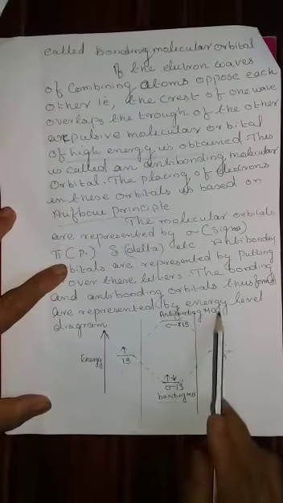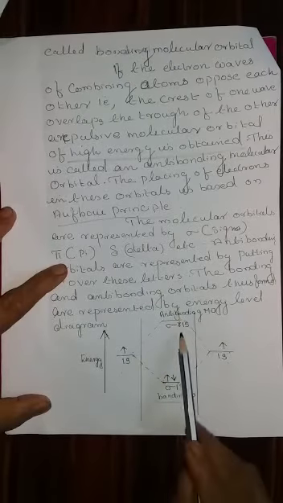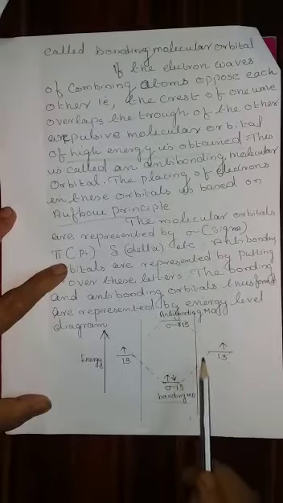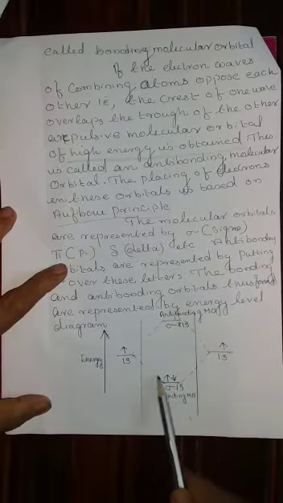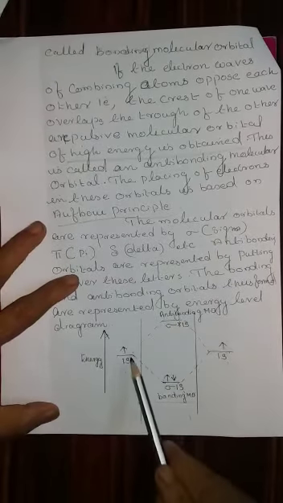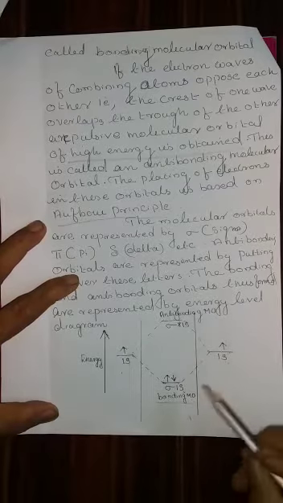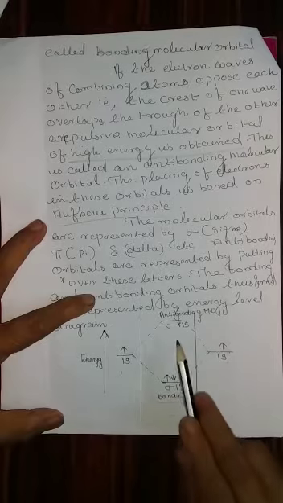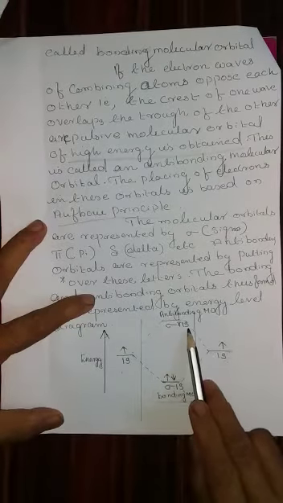Similarly, the anti-bonding orbital has a higher energy. Therefore, when you are drawing the diagram, these should be approximately the same distance from the orbital. The same distance that you take for the bonding orbital should be used for the anti-bonding orbital. Bonding orbitals are represented by sigma 1s and the anti-bonding orbitals are represented as sigma star 1s.